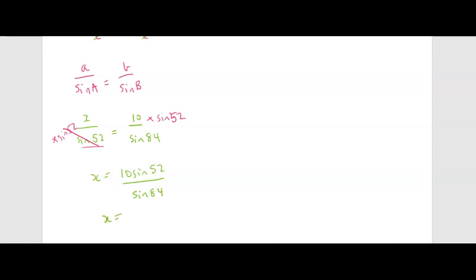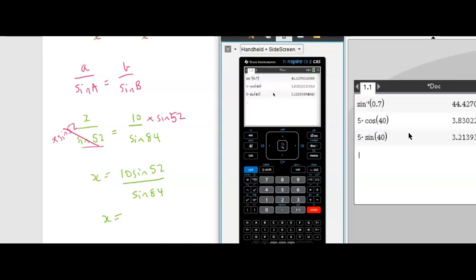Now, when you're putting that in your calculator, 10 sine, put it in brackets, 52 divided by sine 84. Press enter. The good thing about CAS calculator is it's written there for you, so just make sure it looks the same. So 7.92.